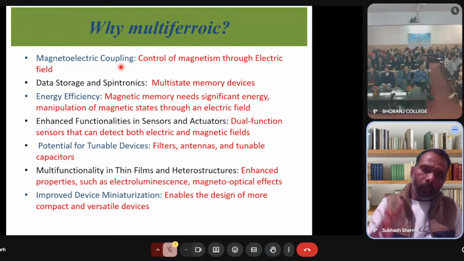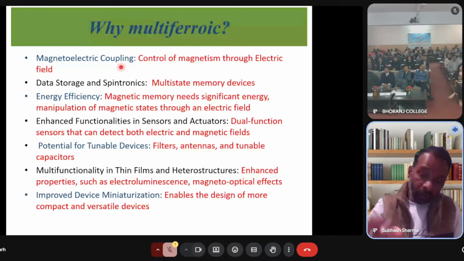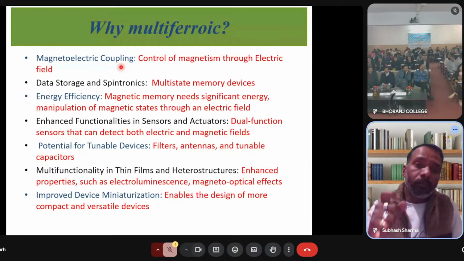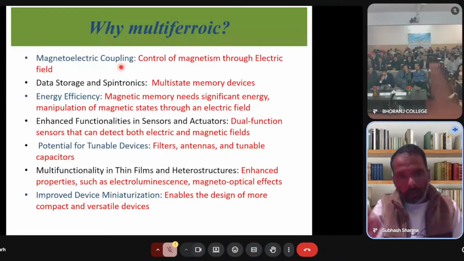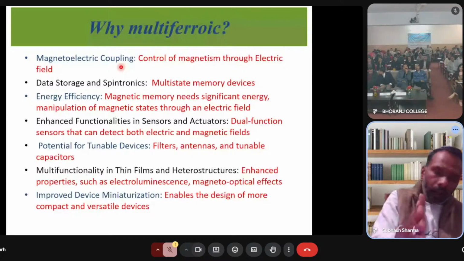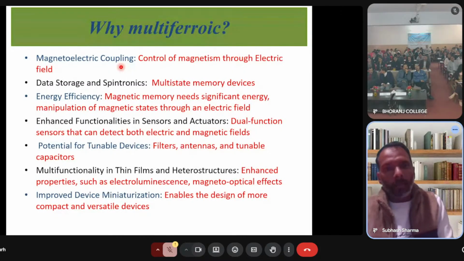For example, by applying a magnetic field in your material, you can change the electric polarization. So if you have this kind of material, you can control both electric and magnetic parameters by one parameter, either electric field or magnetic field.